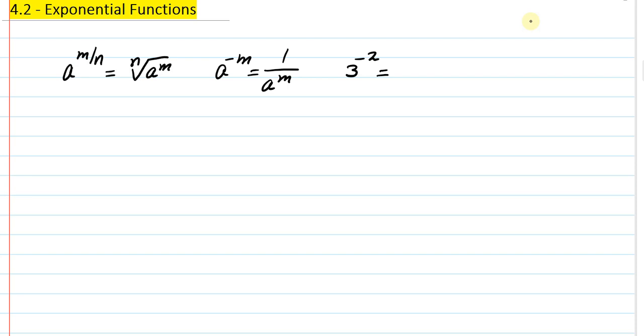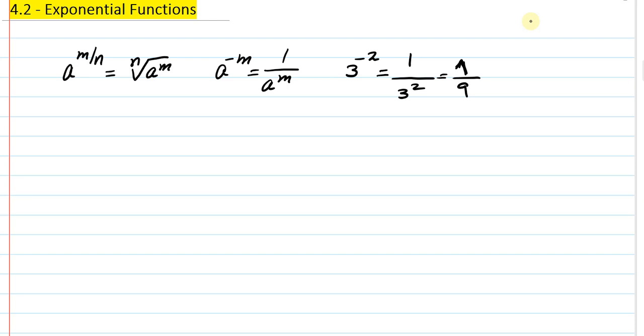Using the negative exponent rule, I can rewrite it as its reciprocal with a positive exponent. Once we have a positive exponent on the base, 3 squared, we can translate that as a repeated multiplication of 3 times 3, and the result is going to be 1/9. So the answer to 3 to negative 2 is 1/9.